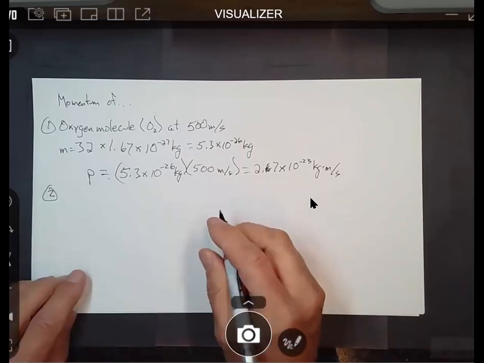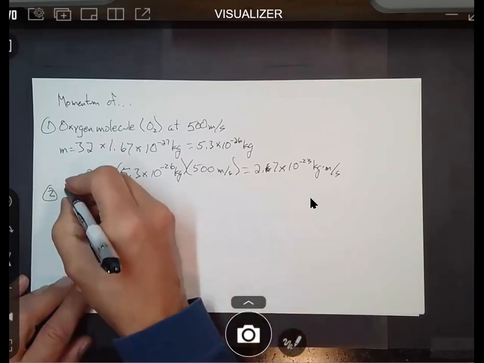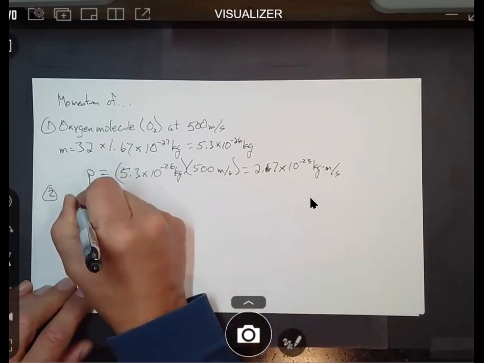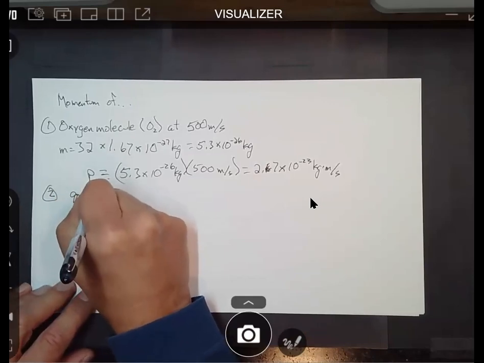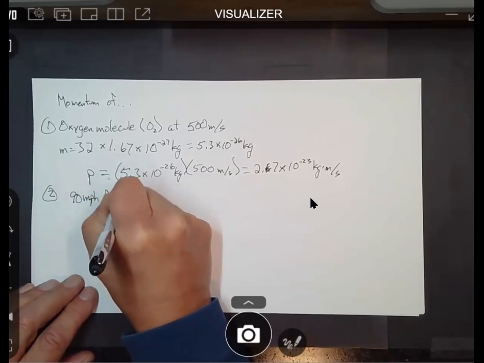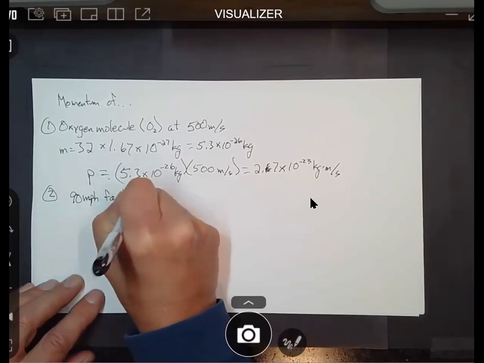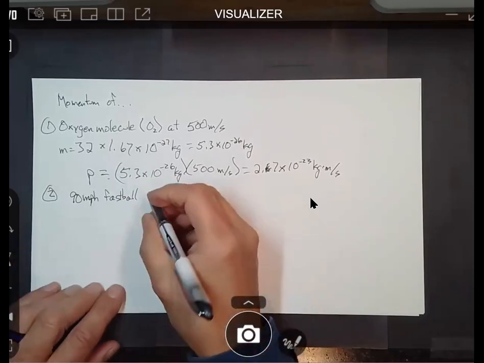Let's move up a few scales of magnitude and look at a 90-mile-an-hour fastball. What's the momentum of that? Okay, well, 90 miles an hour turns out to be about 40 meters per second.